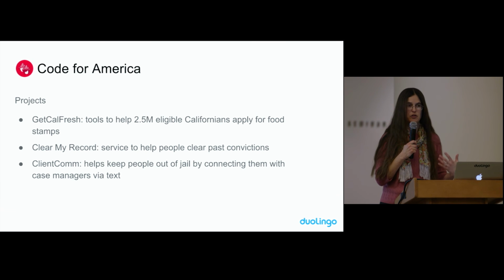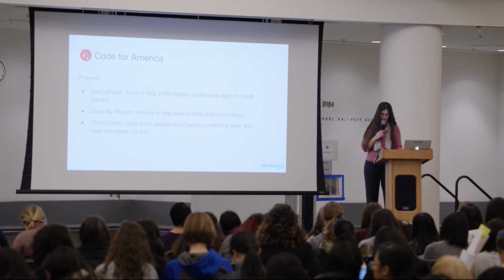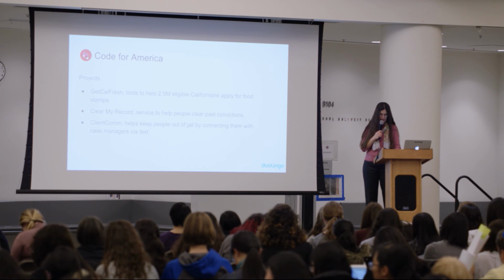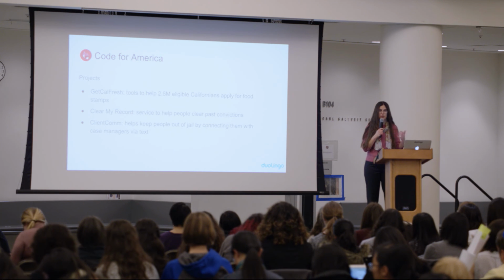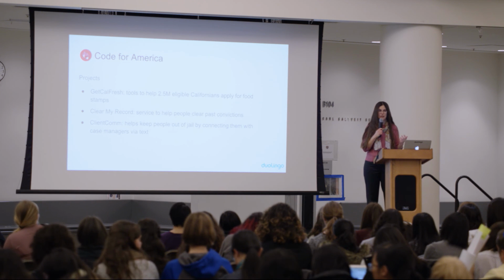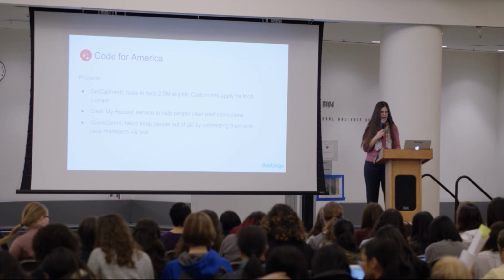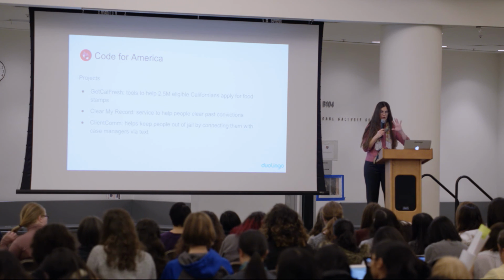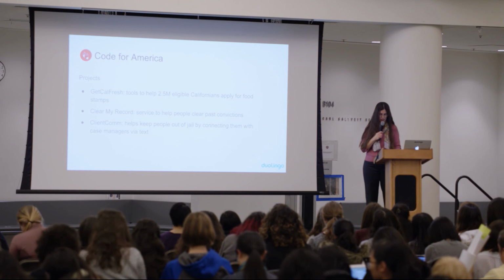The probation officer is trying to keep them out of jail and getting back into the course of life and productive. So one of the big problems that case managers face is that the people they're working with don't have fixed phone numbers, so keeping in contact over phone is hard. Code for America has created an app, on the web, that makes it easy for case managers to keep track of many, many people.